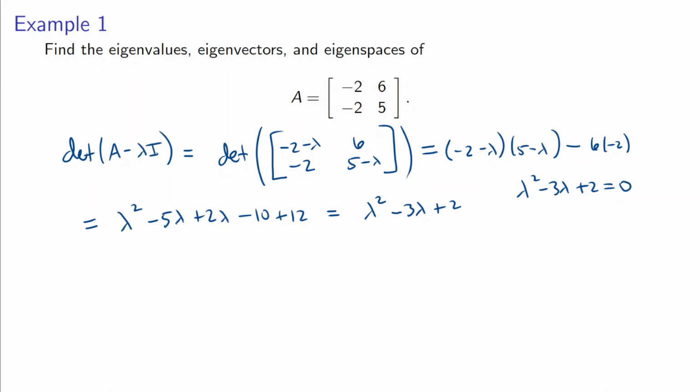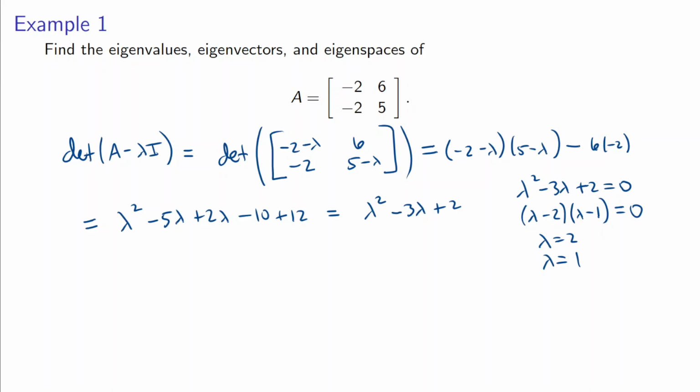This is a quadratic. We could always fall back on our quadratic formula if we needed to. This one, however, I think I can identify its factors here as (lambda minus 2) times (lambda minus 1), which should work. So we get lambda equals 2 and lambda equals 1 as our two eigenvalues.